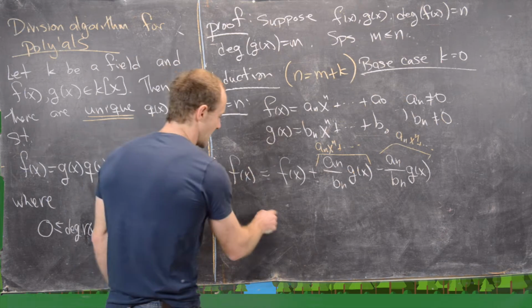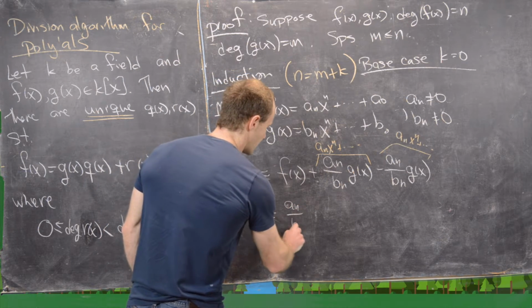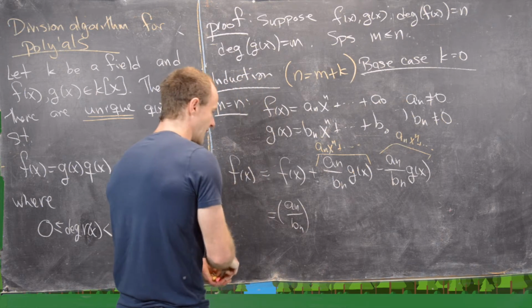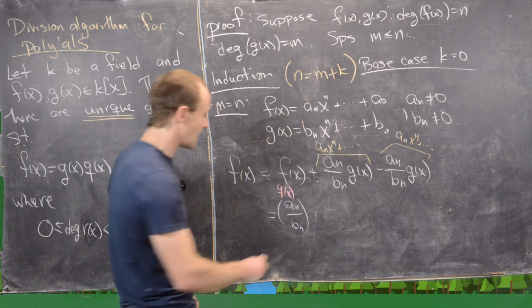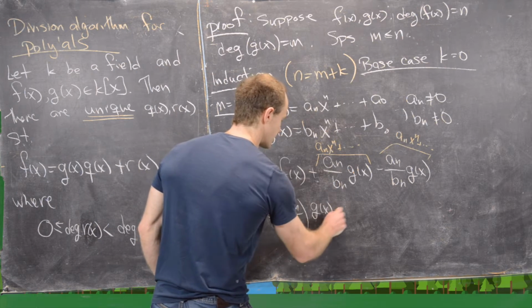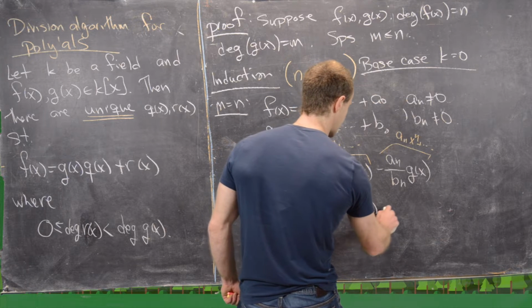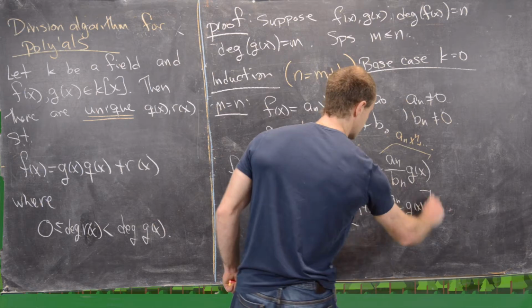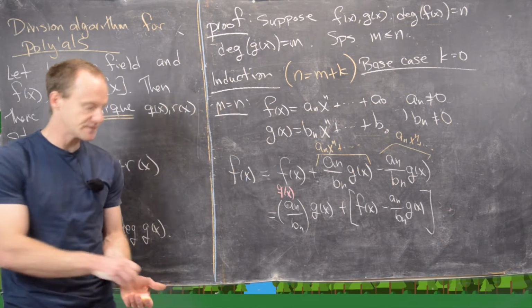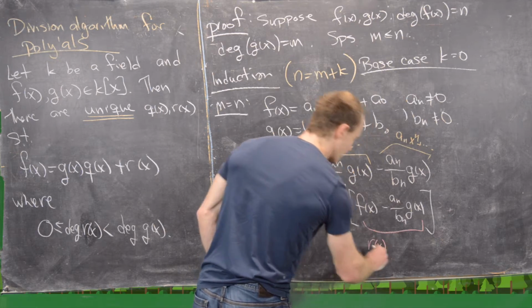Now, notice that we can reorder these things a little bit. We have a_n over b_n, so this is playing the role of our quotient, our q of x, times g of x, plus this quantity right here, f of x minus a_n over b_n g of x. Great. And now this guy right here is playing the role of the remainder.